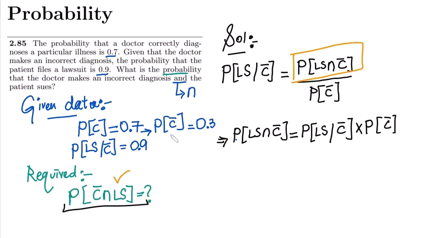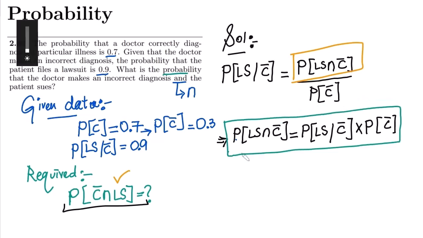This is a very important relationship which is called the chain rule. If you want to find the probability of two related events, you have to find the probability of the first one given the second one using this formula, and after it you also have to find the probability of that event as well.